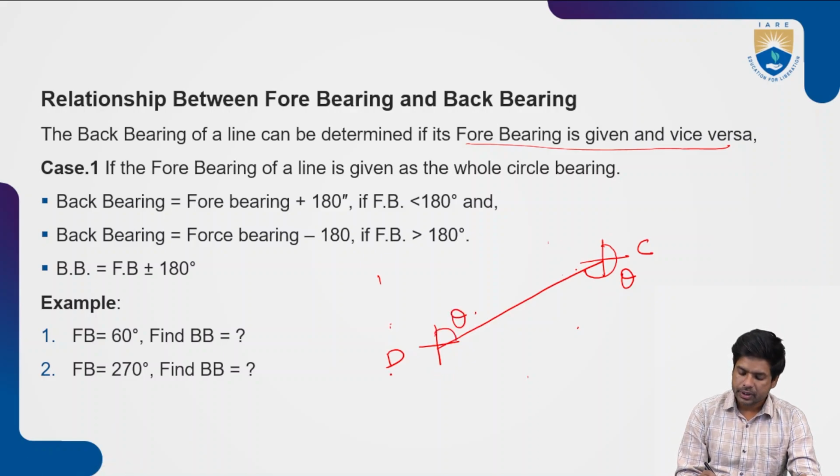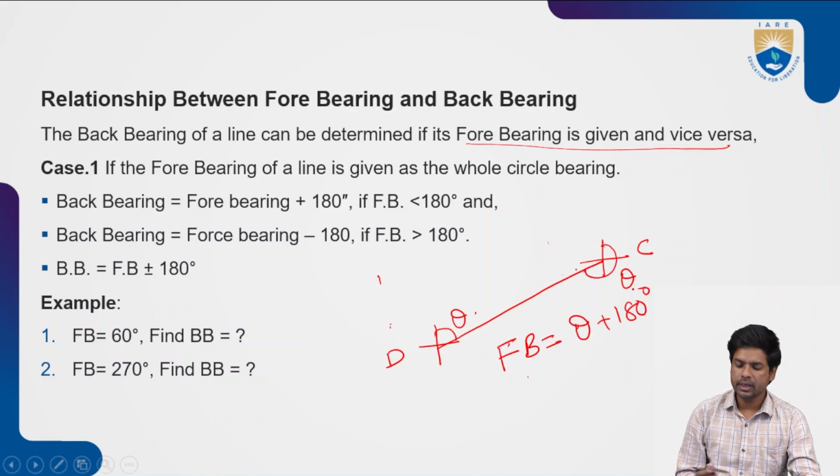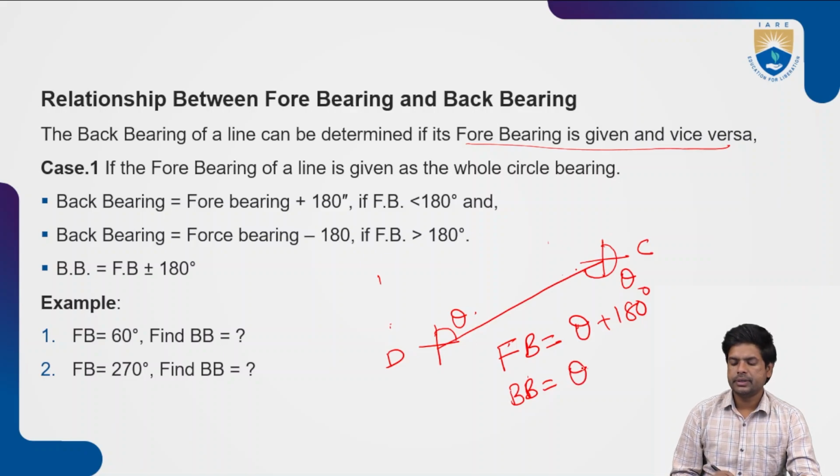So now here you can write that fore bearing is equal to theta plus 180, and back bearing is equal to theta. So this is how we are going to estimate the fore bearing and back bearing.